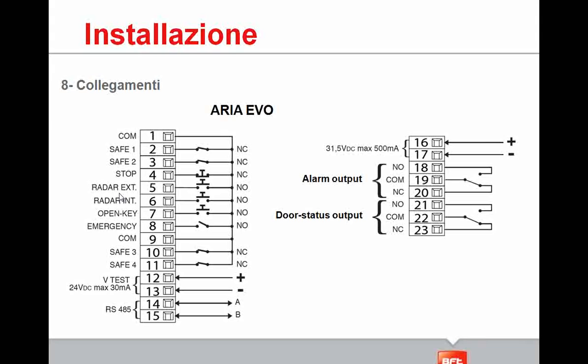Then there are the standard connections for radar external, radar internal, open key, the emergency connection, and also the V-test, which is the 24 volt connection for the safety device in control mode.